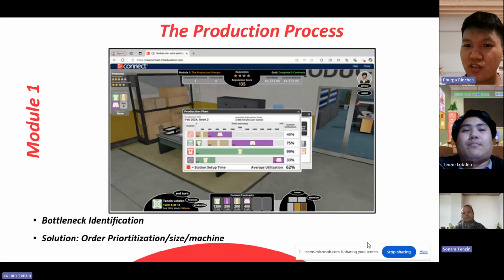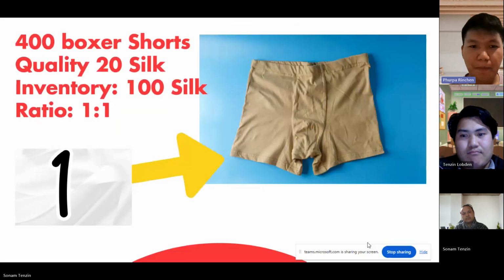If the size of an order is smaller compared to others, we can give it priority. The third factor is that we can also upgrade our machine in order to increase efficiency. Therefore, in game one, we changed the priority of slacks to one, and we also upgraded our machine to level 2.